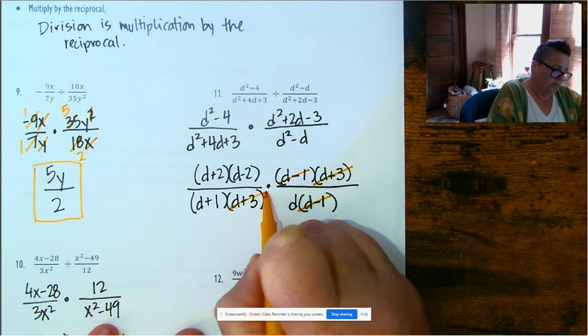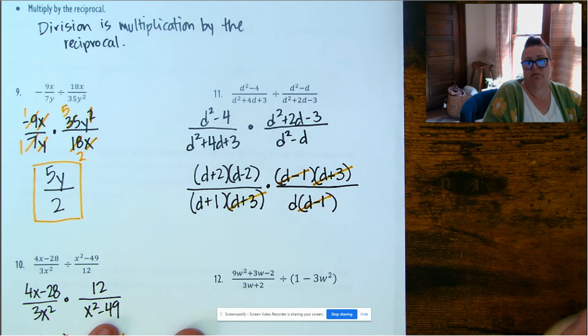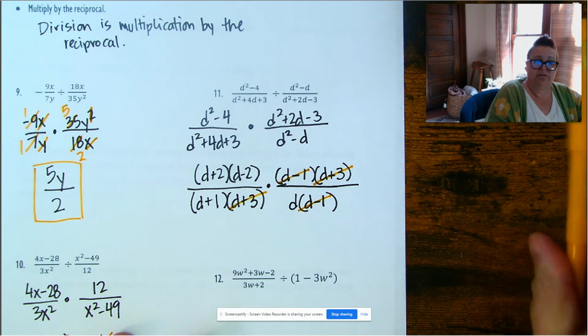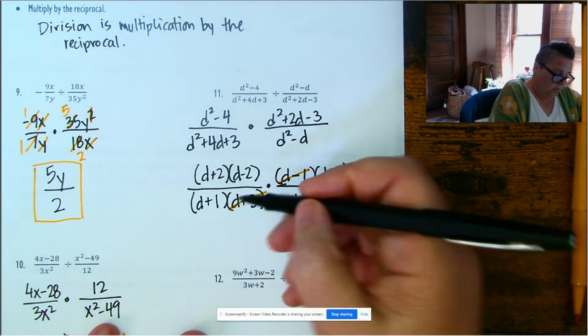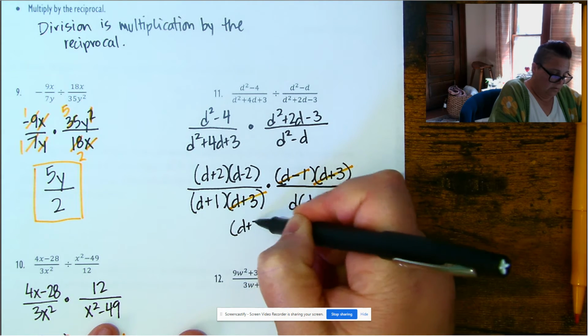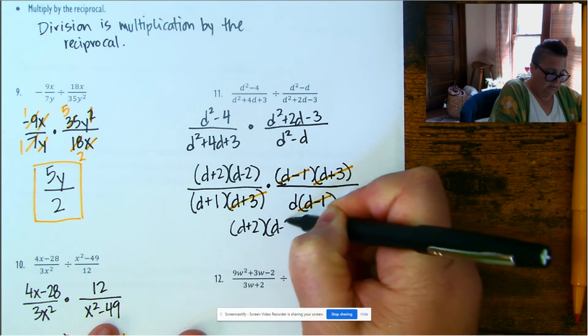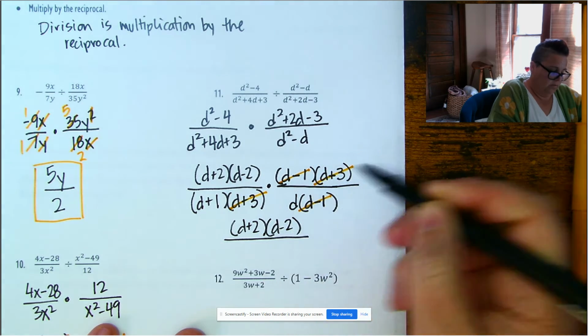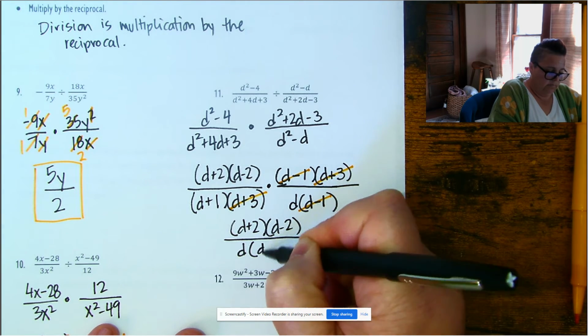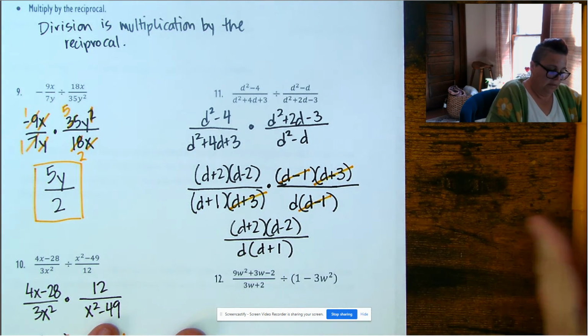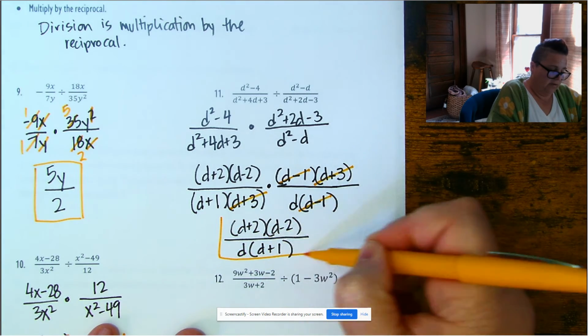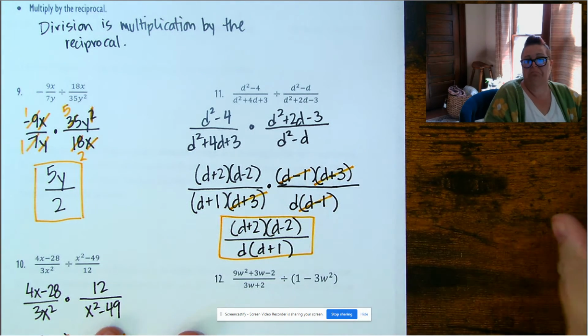That will cancel with the d plus 3 in the denominator. I am left with d plus 2, d minus 2 over d times d plus 1. This is the answer in factored form.